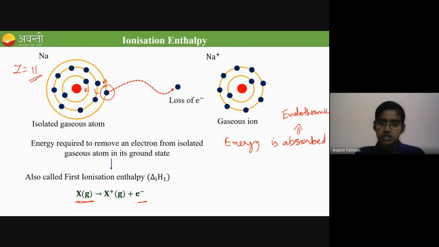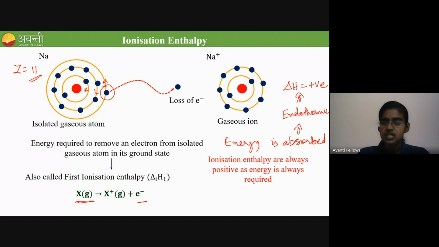If the process is endothermic, then the delta H value will always be positive. So ionization enthalpies are always positive as energy is always required. It means the atom is always requiring the energy and we are giving the energy, it is absorbing that energy.